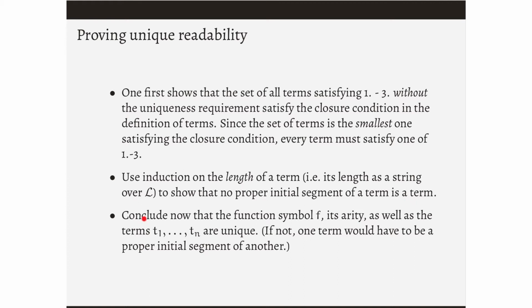And then in the final step, you conclude that the function symbol f, its arity, as well as the terms t1 up to tn are unique. If that were not the case, one term would have to be a proper initial segment of another, which would then contradict the second point here.